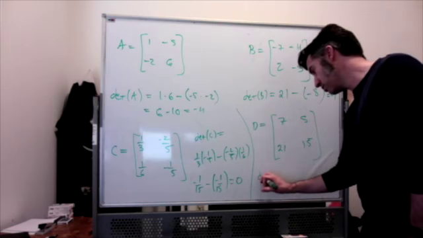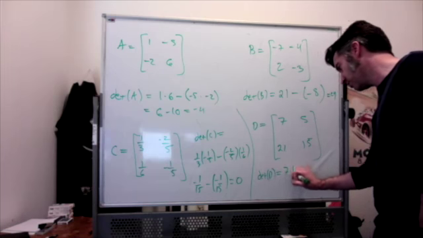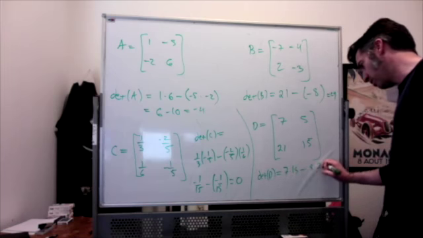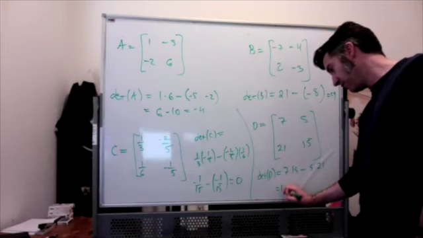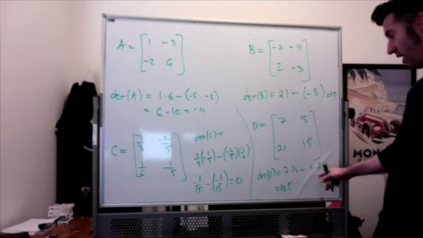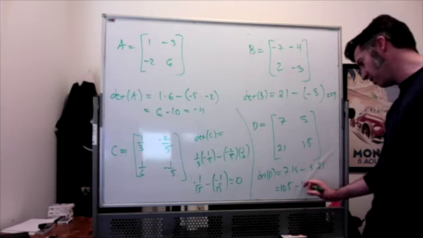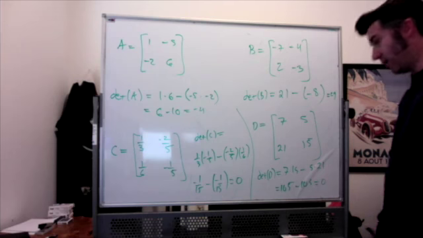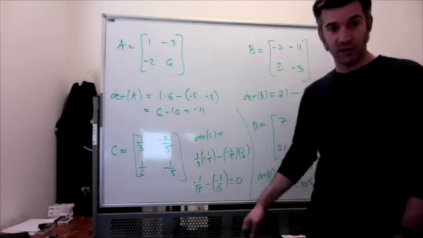Check it out. Determinant of D is 7 times 15 minus 5 times 21. 7 times 15 is 70 plus 35, which is 105. 21 times 5 is 20 times 5, which is 100, plus another 1 times 5, so 105. Oh yeah, that's 0. The same thing is true here. These rows are multiples of each other.